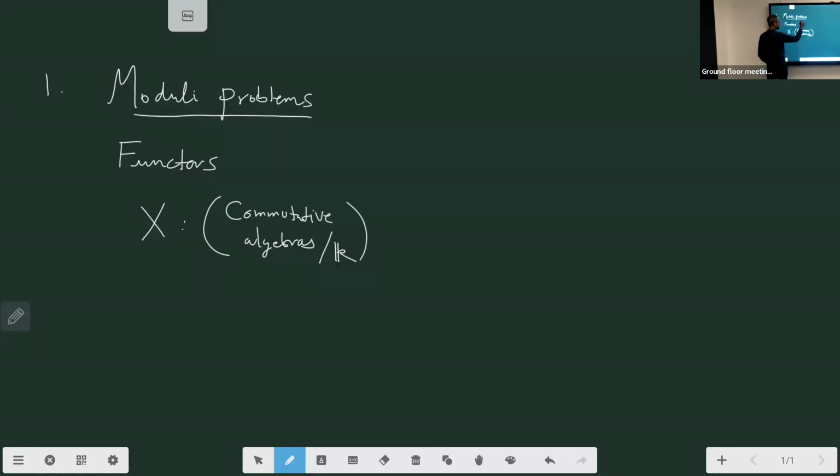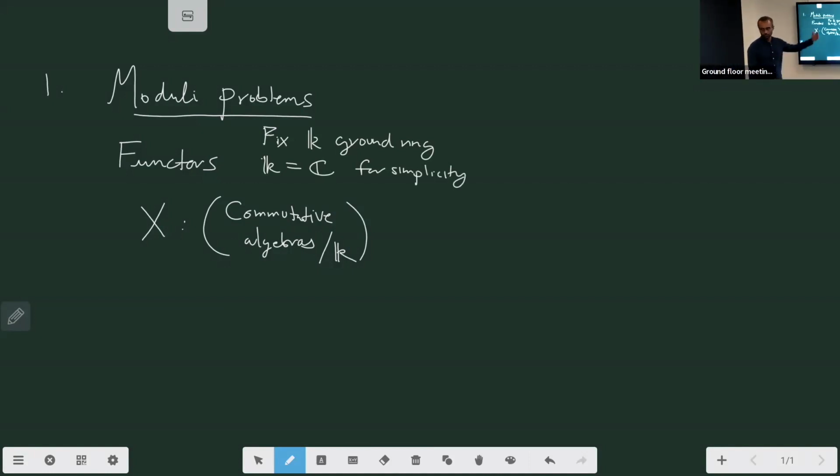I'm going to fix once and for all some ring k, and for simplicity, let's just take k equal to C. So I could have just said over C, but the point is that a lot of what I'm going to say just works over any ring. Some of it will work over fields, some of it will work over algebraically closed fields, but let's just say k is C. So we know what commutative k-algebras are. They're just vector spaces with a multiplication that is commutative. And we want to look at constructions which associate to commutative k-algebras a set.